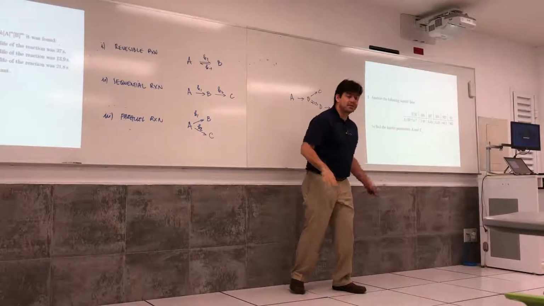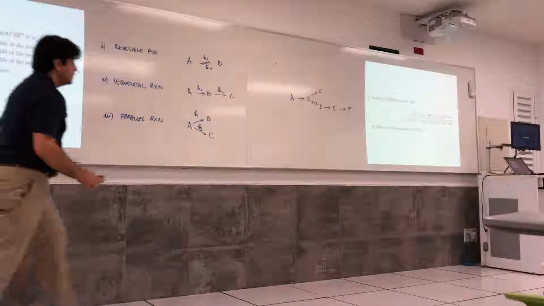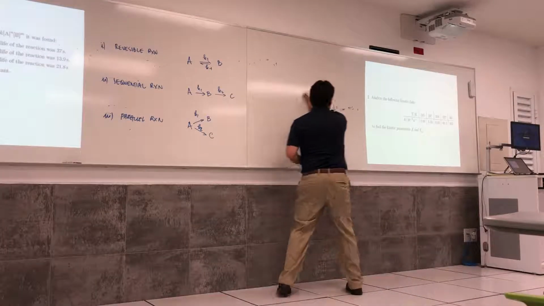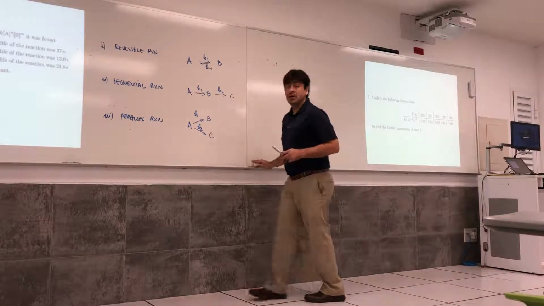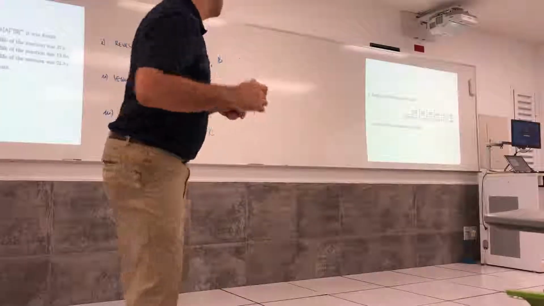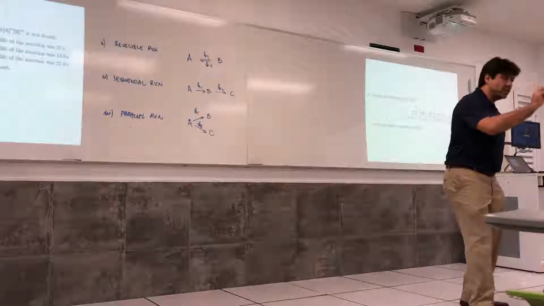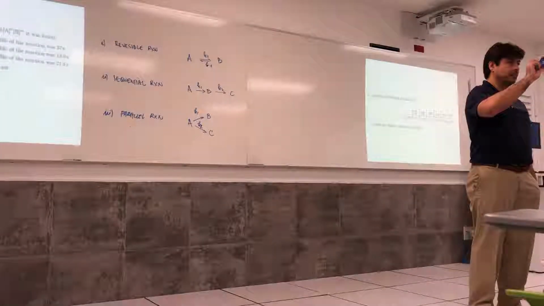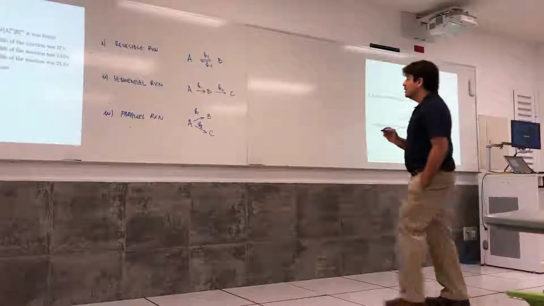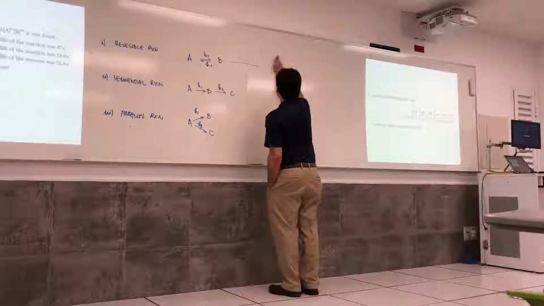Okay? So let's start with the simple. Reversible reaction. In order to actually describe the reaction, we are going to describe any single step kinetically. Okay? So for a reversible reaction, what is the first step?